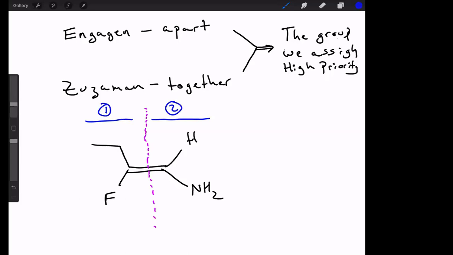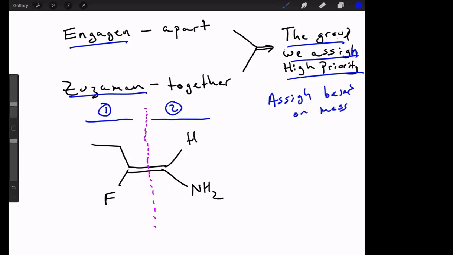I'm going to assign a high and low for one, and a high and low for two. Then I'm going to decide whether the groups we assign, high and low priority, are entgegen, apart, or zusammen, together. We're going to assign it based on mass, just like we did when assigning stereochemistry at chiral centers. The higher the mass, the higher the priority. But in this case, it's only going to be high and low.